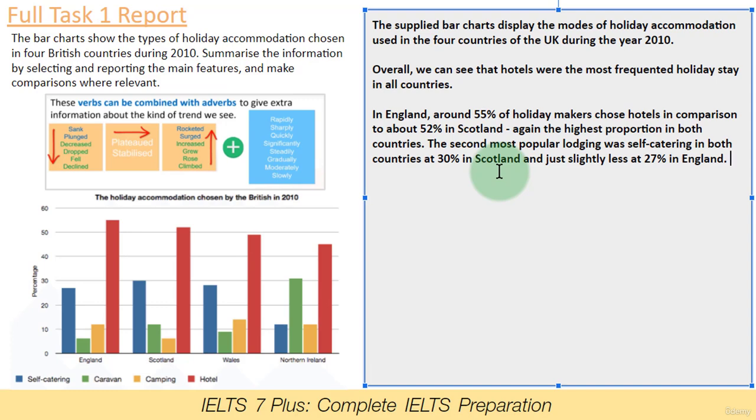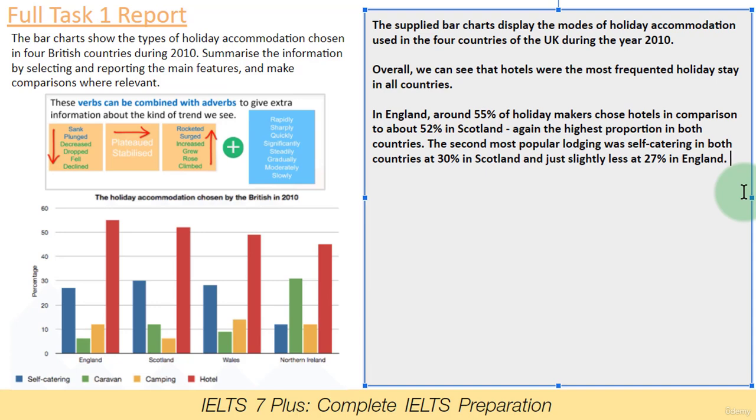Okay, so now we can see that we have significantly lower figures, or looking at our vocabulary here, we could say these figures sank significantly for both caravans and camping. So just trying to use that. These are really better for trends. Trends are better on time, but we can still use them for this kind of bar chart in a single time period.